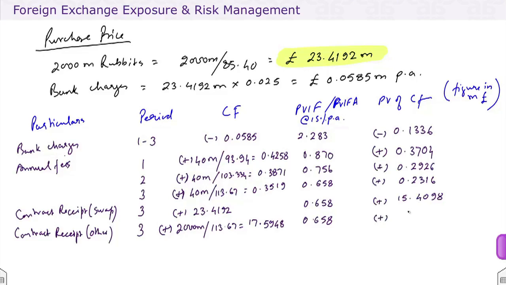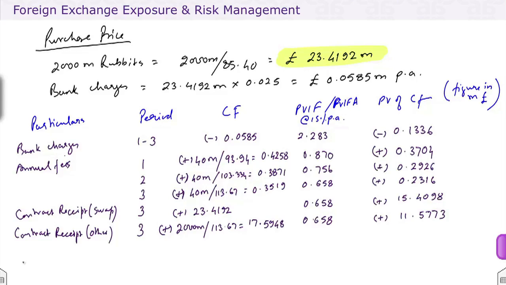It's an inflow, present value of the cash flow is 11.5773, from which you are going to subtract the initial payment.